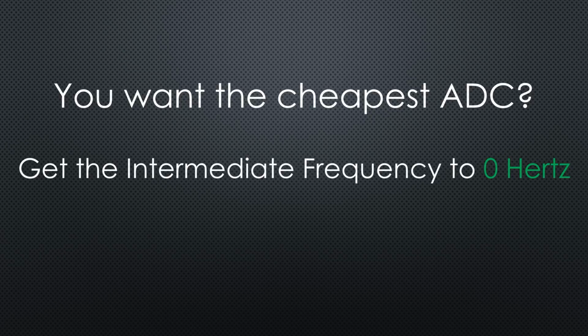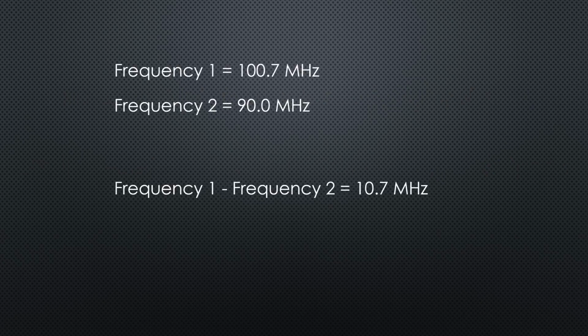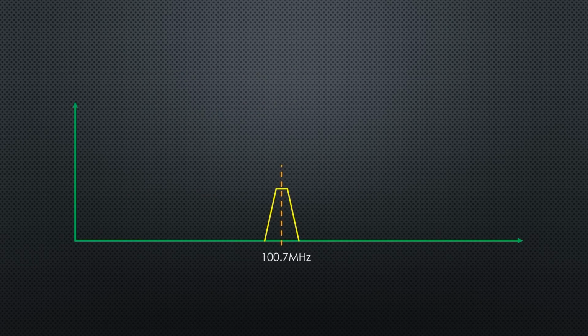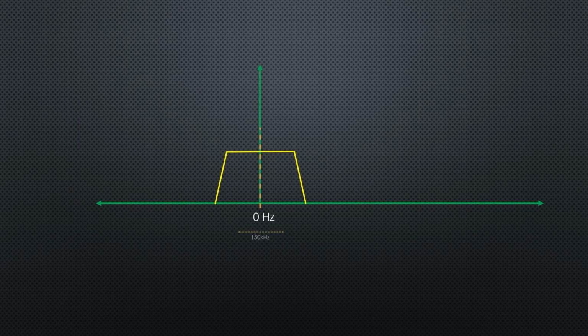What does this mean for our FM station? If we set the local oscillator to 100.7 MHz, we shift the center of our FM signal to 0 Hz. Now the ADC only has to handle up to 150 kHz, close to the capabilities of an Arduino.